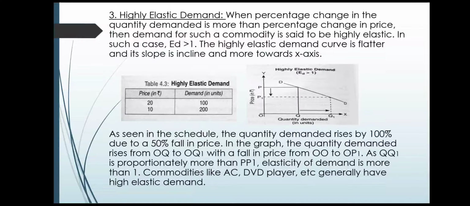Over here in this schedule you can see that price is decreasing. It has decreased from rupees 20 to rupees 10 and the demand has increased from 100 units to 200 units. And in this graph as well you can see that a little change in price leads to a more than proportionate change in quantity demanded.